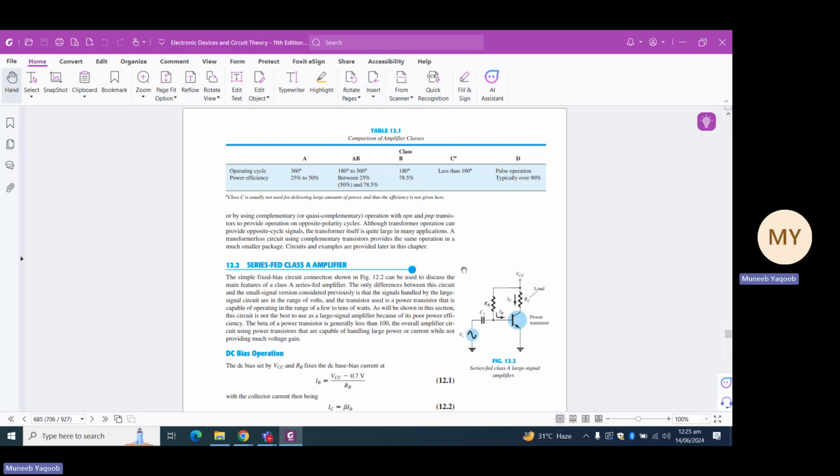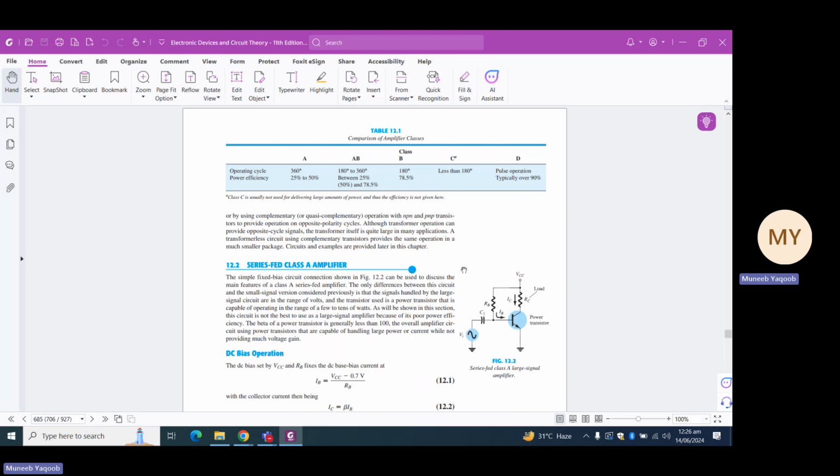Similarly, for class AB power amplifier, the output is between 180 degrees to 360 degrees, and therefore the efficiency is between 25 to 78.5%. For class B power amplifier, the output is for 180 degrees and the maximum efficiency is about 78.5%.